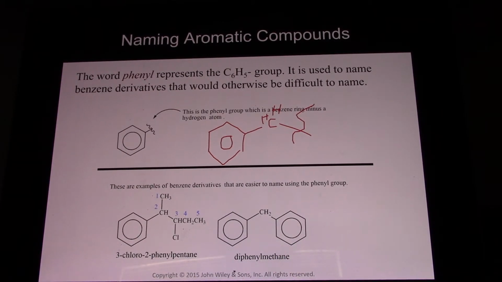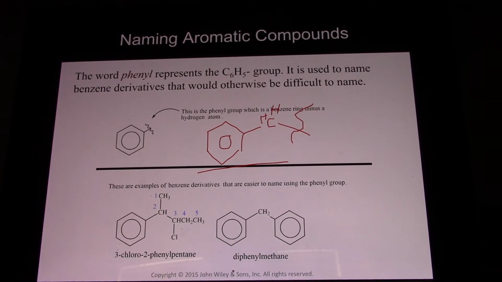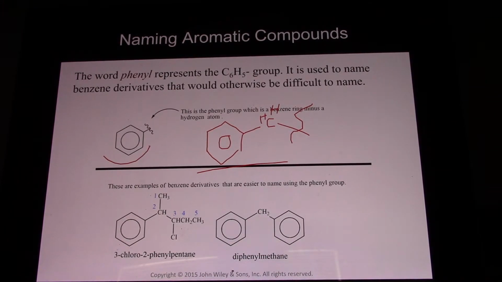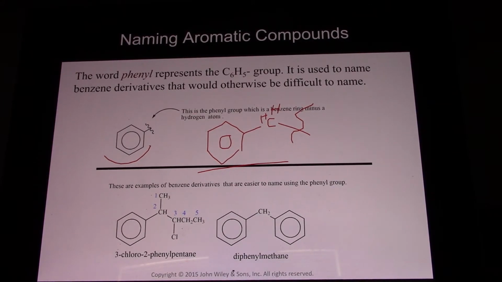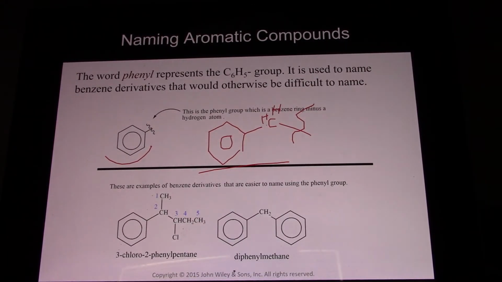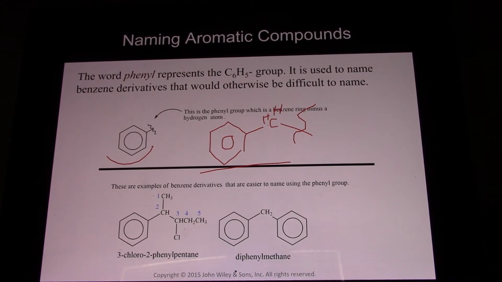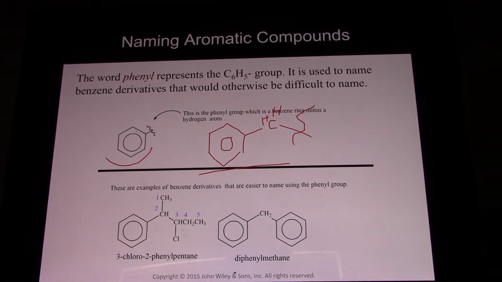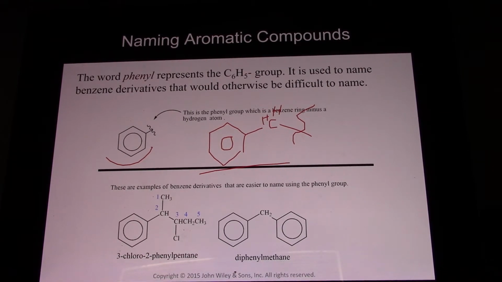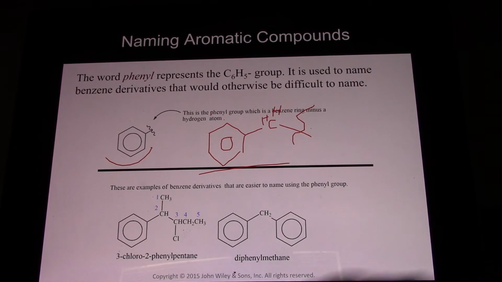That is a benzyl group. So a phenyl group is just this benzene ring, whereas a benzyl group is the benzene plus a methyl. That confuses students because the naming is kind of confusing. But a phenyl group is just the benzene ring attached to something. A benzyl group is a benzene plus a methyl attached to something.